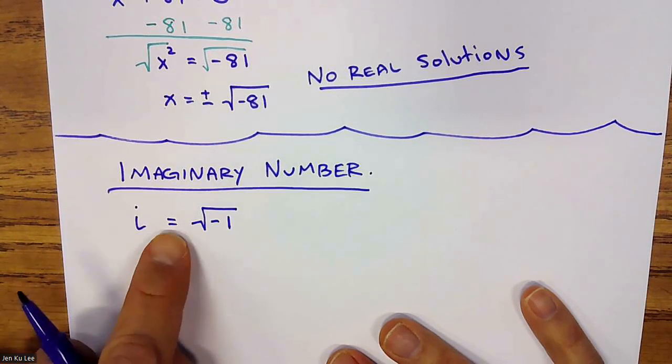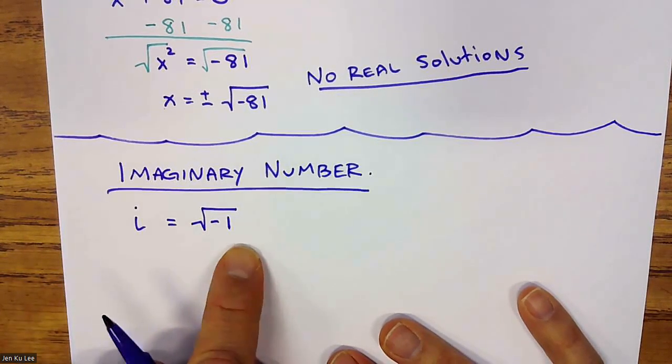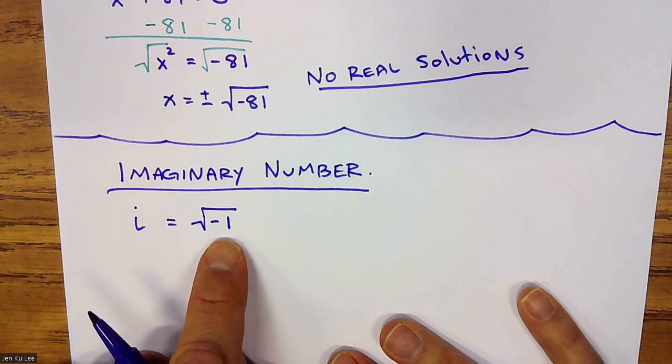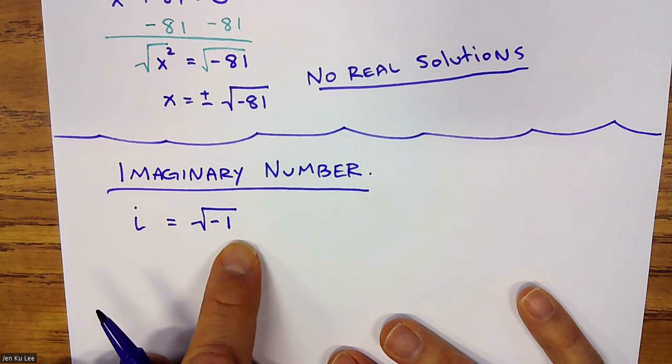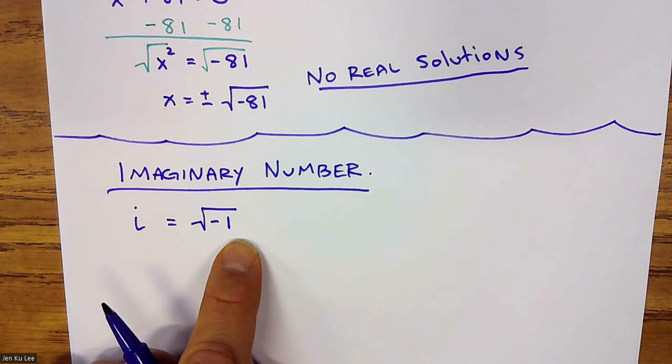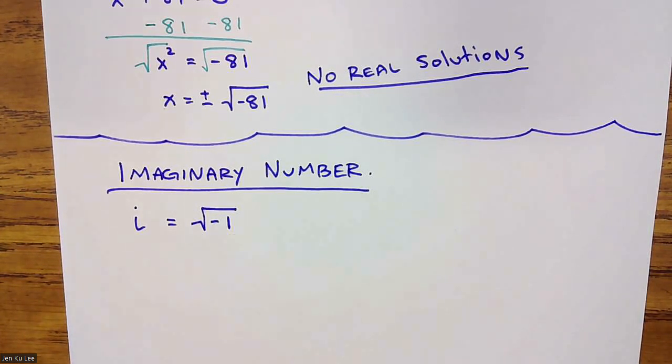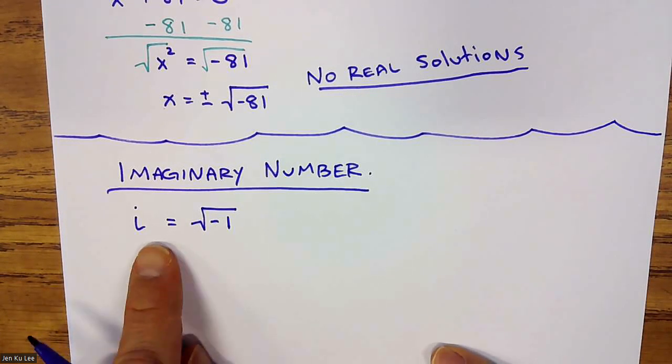So if i equals square root of negative 1, it's imaginary because there is no real number that, if you multiply by itself, will equal negative 1. Correct? Does that make sense?